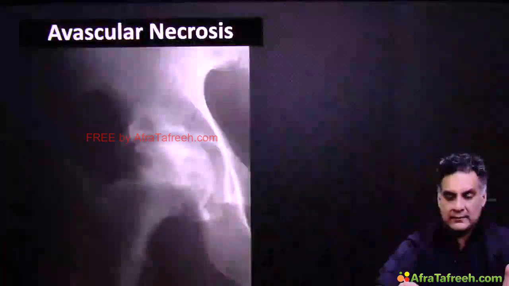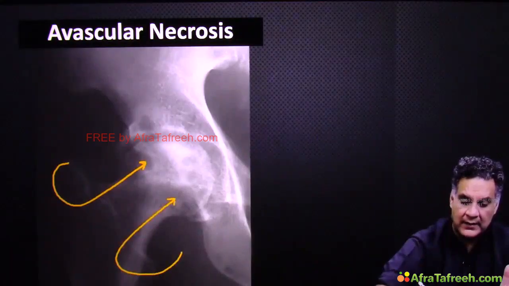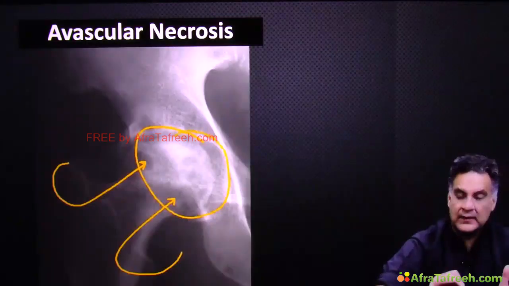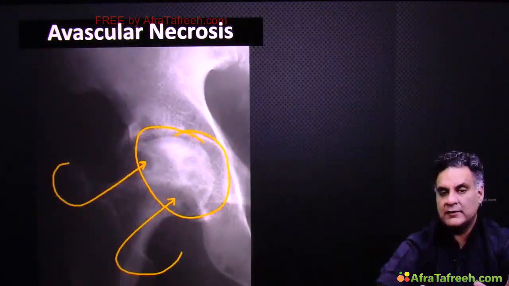The blood supply goes from distal to proximal. That is why the proximal area undergoes avascular necrosis. Dead bone appears white.